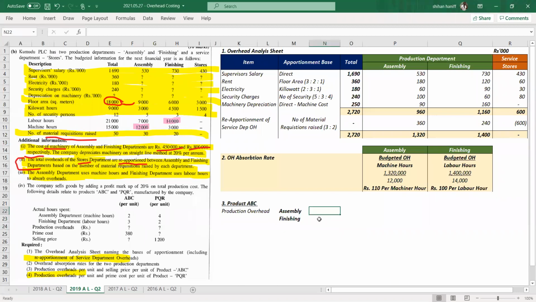Assembly is 110 per machine hour. And how many machine hours were used in the assembly department? Actual hours spent: ABC assembly department, 2 machine hours. So multiplied by 2 machine hours.